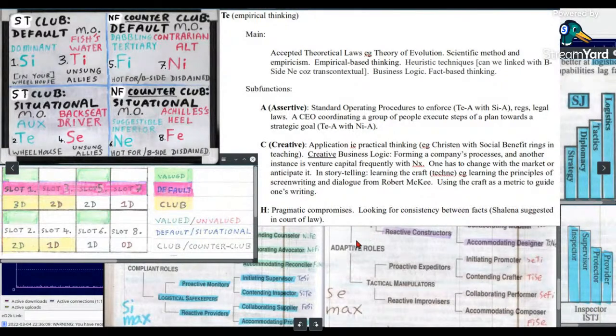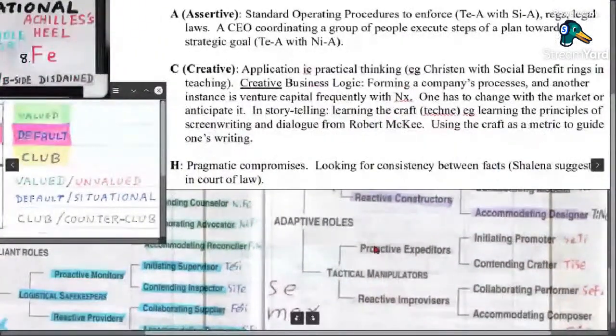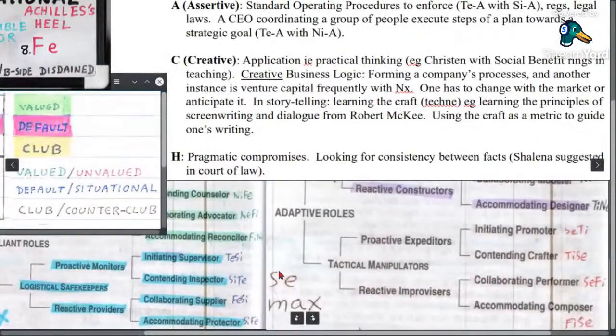I mentioned the role enactment. So here's the question for you. You can think for yourselves here.